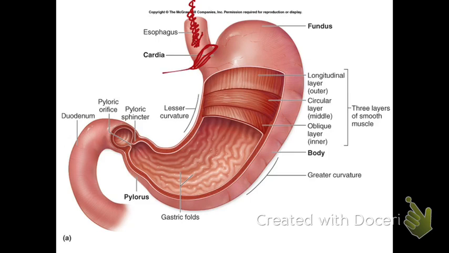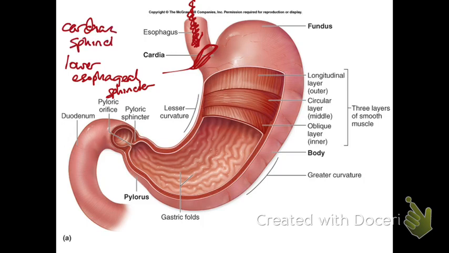And that sphincter is called the lower esophageal sphincter. It is also referred to as the cardiac sphincter. The reason is that the first part of the stomach that receives the food as it comes down is called the cardiac region, or the cardia. And so the sphincter is also called the cardiac sphincter.